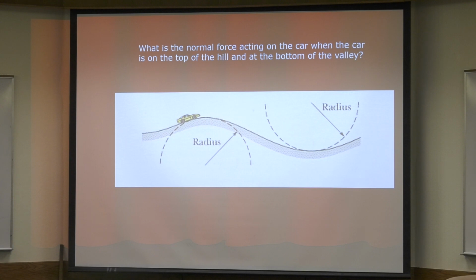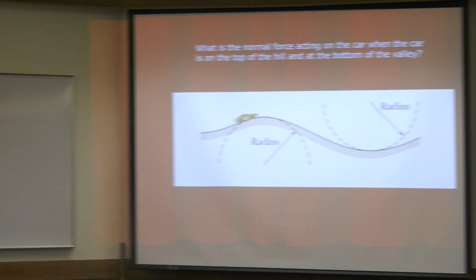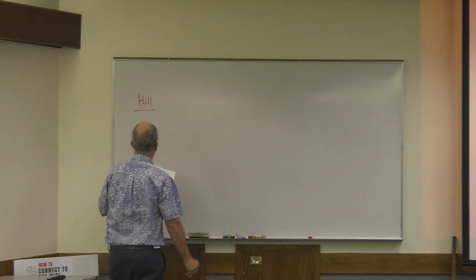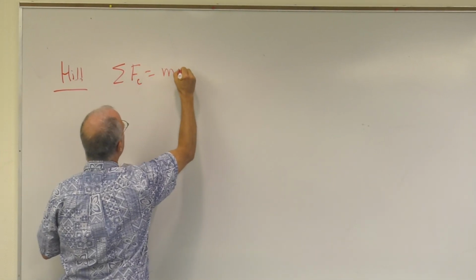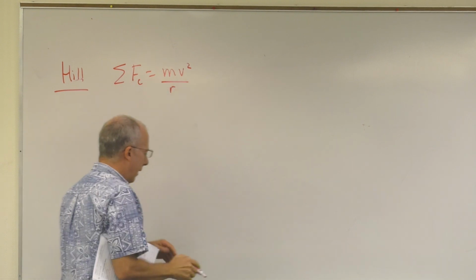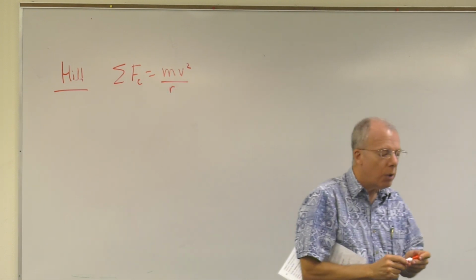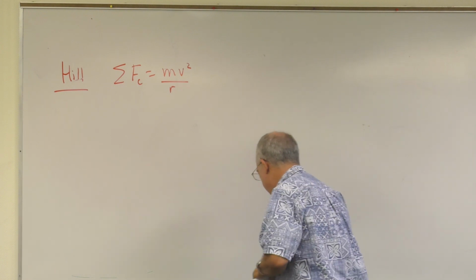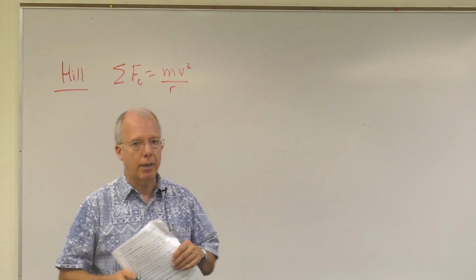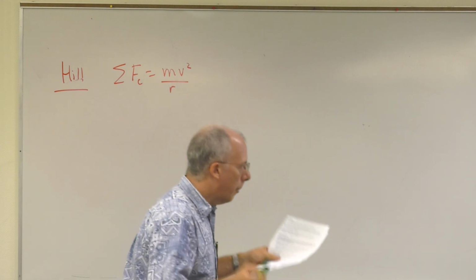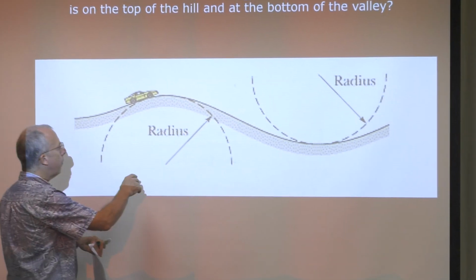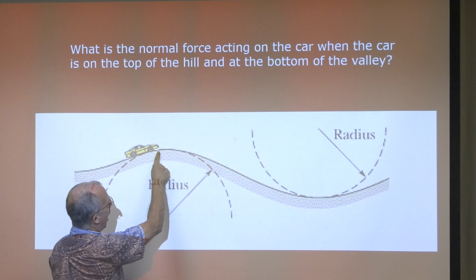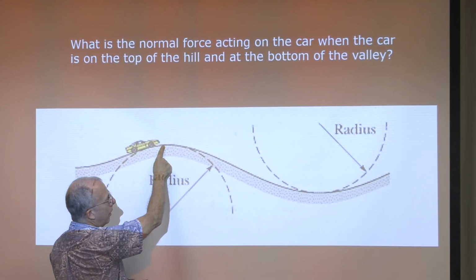All right, let's do the hill first. Sum of the centripetal forces equals mv squared over r. As I say over and over and over, it's always true, so you write it down. But then what you have to do is figure out what those centripetal forces are. When the car's at the top of the hill, what are the forces acting on it?